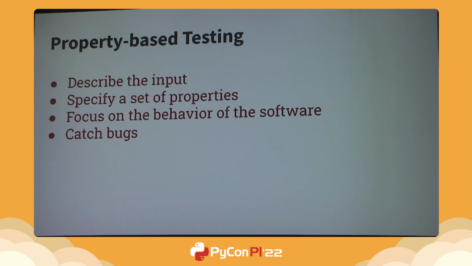Property-based testing generalizes example-based testing to test the software for any valid input instead of specific examples. And it also focuses more thoroughly on the behavior of the software, because in the parameterized case, it's not that thorough, it's not that precise, because we're drawing conclusions from very specific examples.